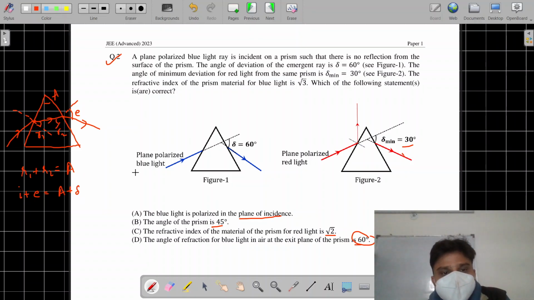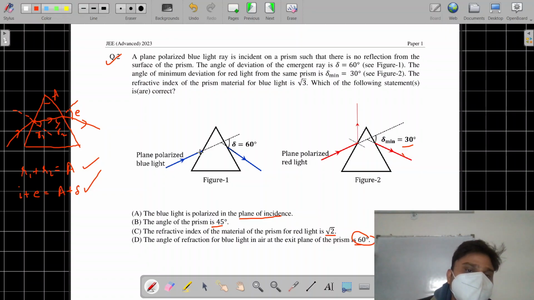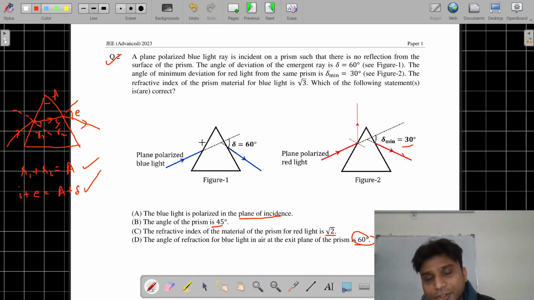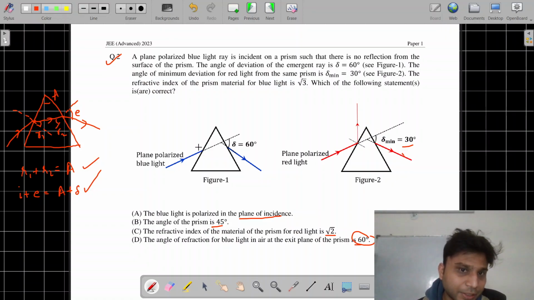So when plane polarized light is incident like this, what is happening is that as it goes inside the prism, there is no reflected ray. So this is the case of complete refraction of light.